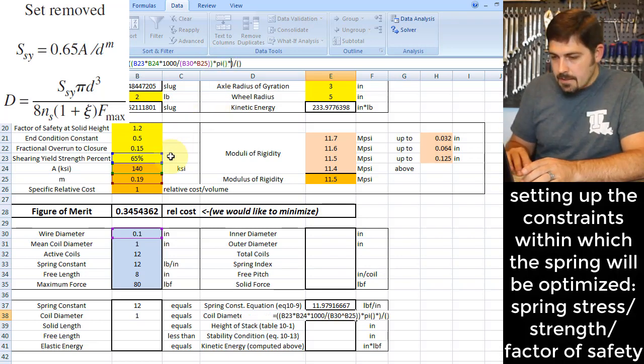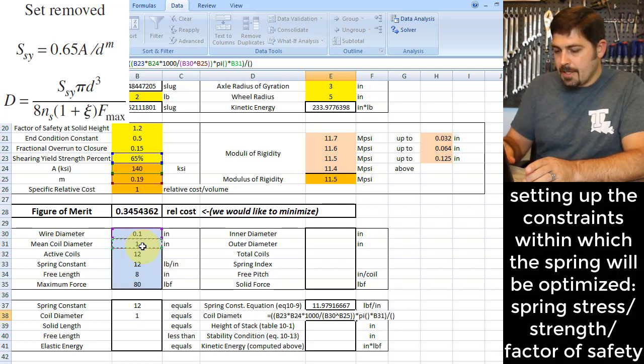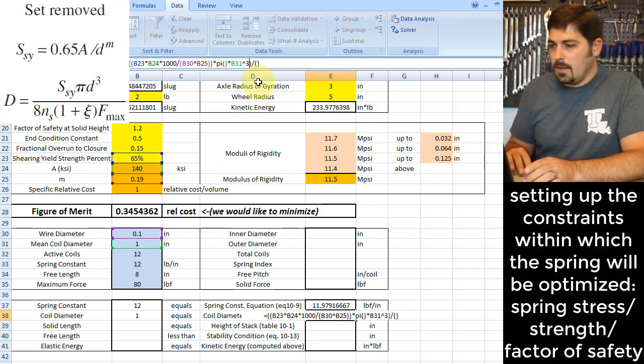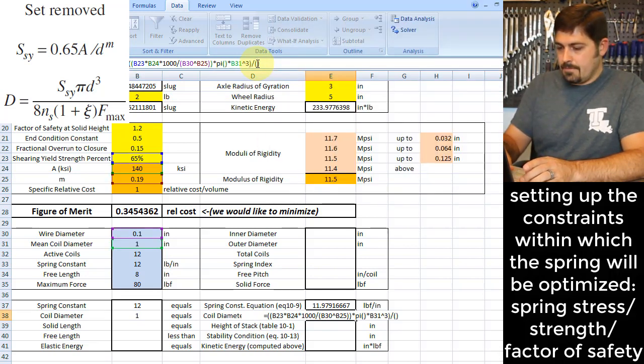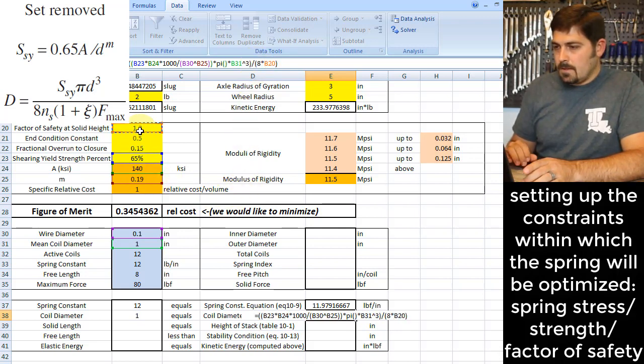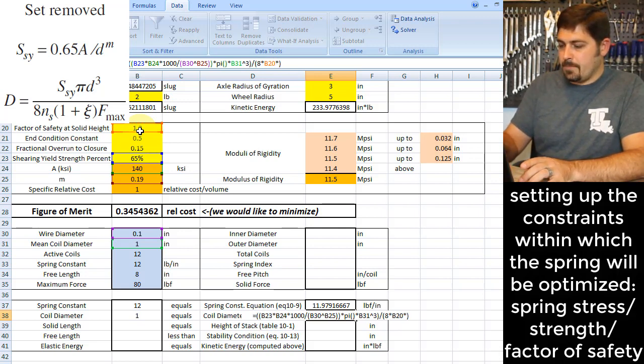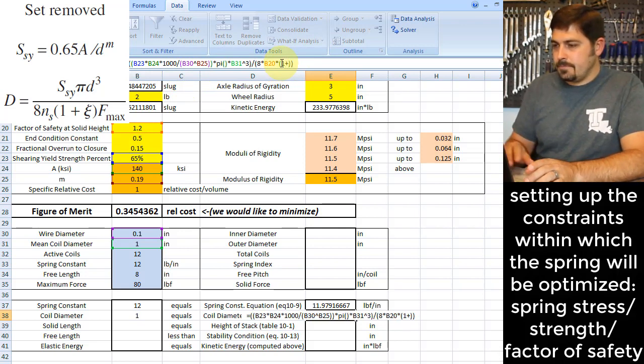And then d is over here. This is the mean coil diameter again, cubed. And in the denominator, I need to put 8 times the factor of safety against yielding when it's at its solid height. That's that n sub s. Okay, so I'll go over here, 8 times the factor of safety, times, in the parentheses here, I'll put in a 1 plus the fractional overrun to closure.